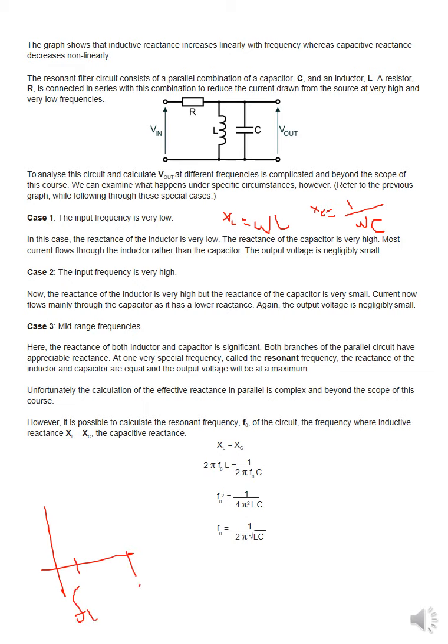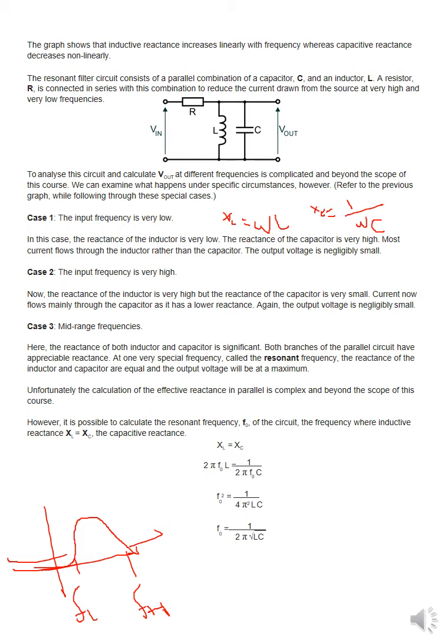So again, the output voltage is negligibly small. This is my f, with low frequency and then high frequency. For this range and this range, both below and above, we have a negligibly small output voltage, so they try to keep the voltage low, and the graph will be something like this.